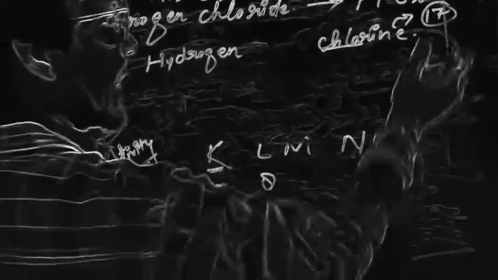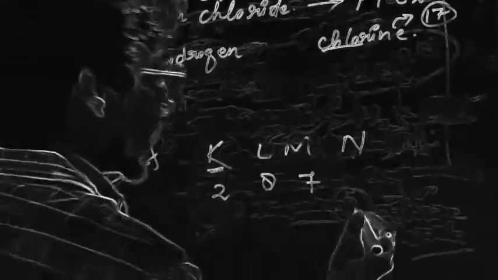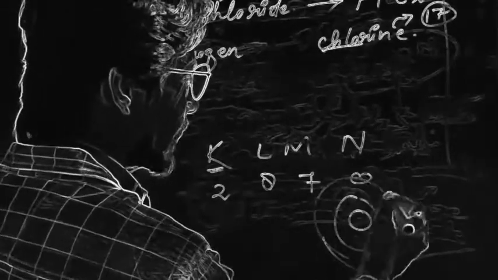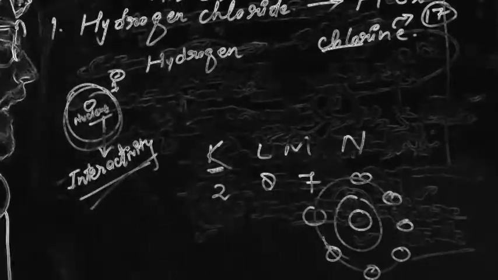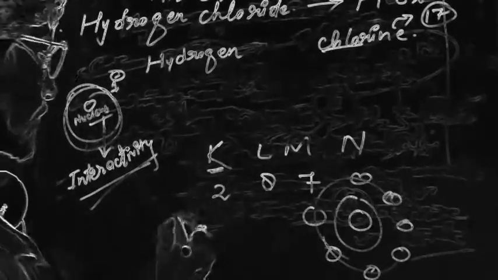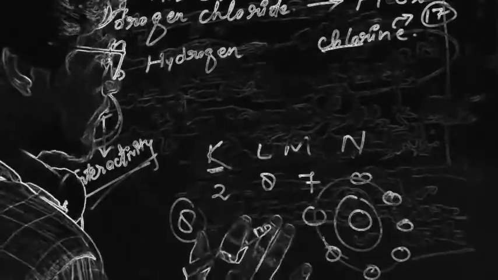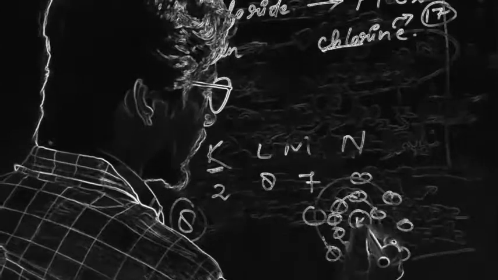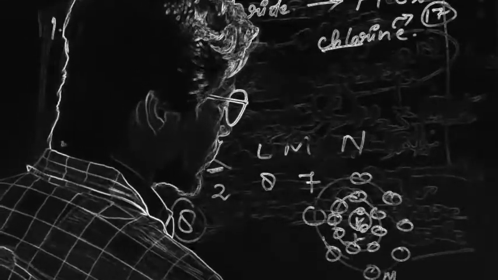And how many do we have to fill? 17, so 7 more. 7 will go in M. K, L, M. The outermost shell has 7 electrons. And how many electrons does it need to be stable? That is 8. If it gives off 7 electrons, then it will be stable, because the L shell has 8 electrons. Correct? This is K only 2, L 8, and M 7.